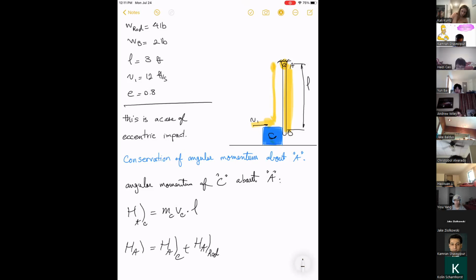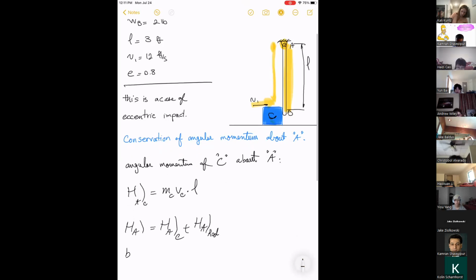Now, before impact, we can write this as m_C v_C L. How much is the angular momentum of this rod about A? Do you remember?